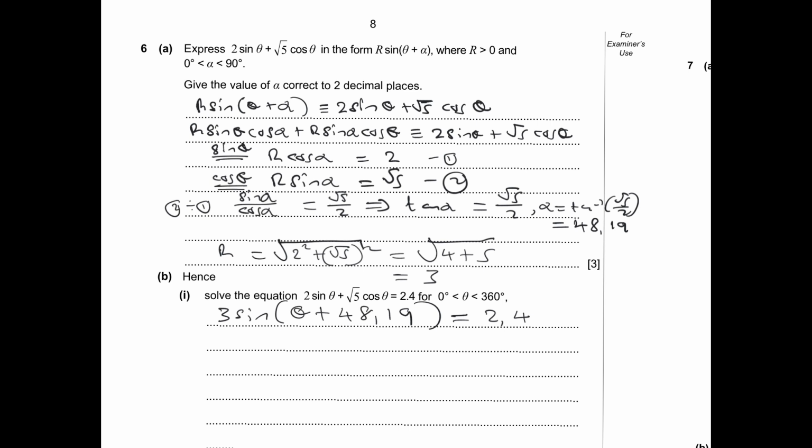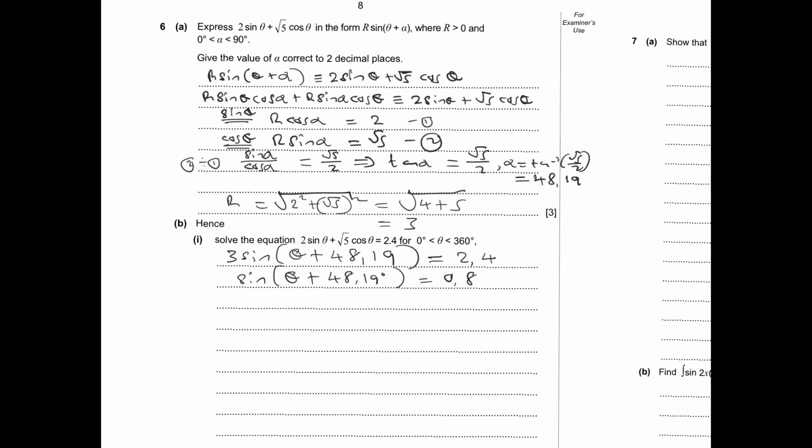So definitely the first thing is to divide both sides by 3. You're going to get sine of theta plus 48.19 degrees is equal to 2.4 divided by 3, that will be 0.8.